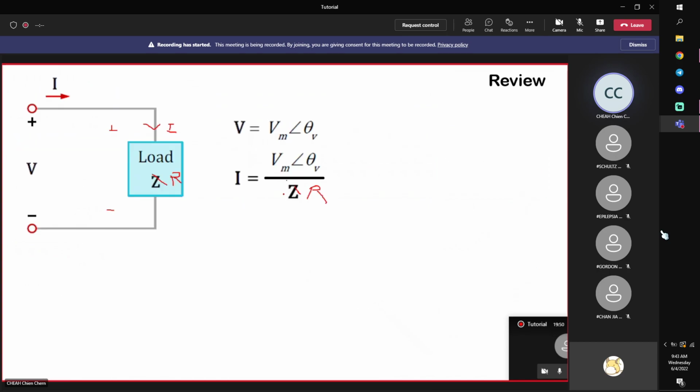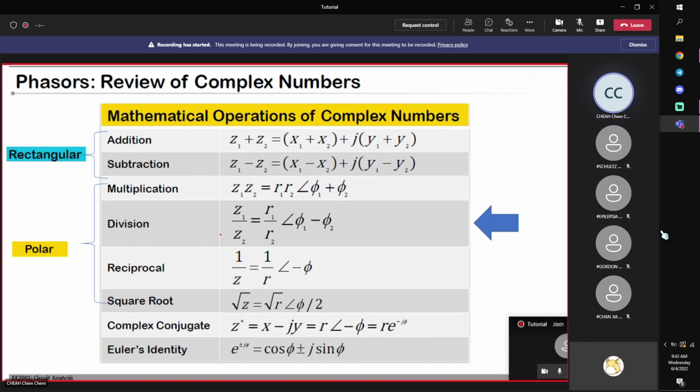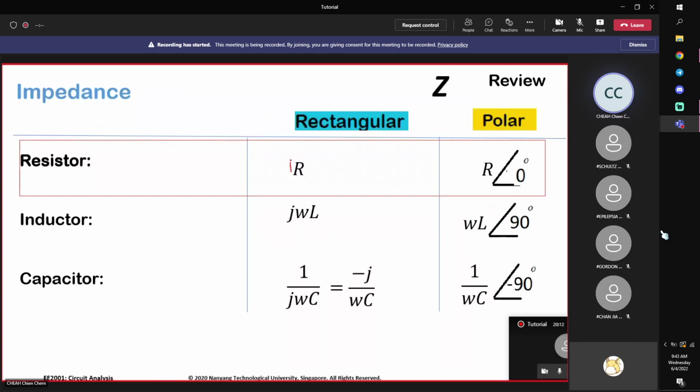If we divide complex numbers in polar form, it's easier to perform the operation, because you just divide the moduli and subtract the phase angles. If you go back to here, R in polar form is R angle 0. You need to be able to transform from rectangular form to polar form.